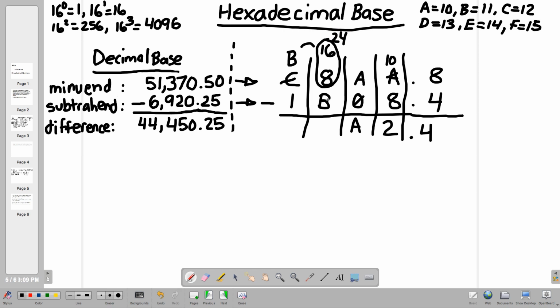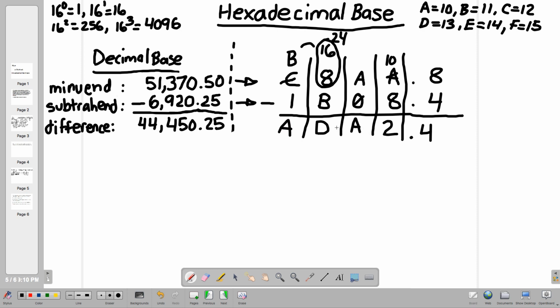So 24 subtract 11 is the value 13. And 13 is represented in hexadecimal by the value D. All right, let's go to the next significant column towards the left, and we have B minus 1 is going to be the letter A. And so we have the value ADA2.4.